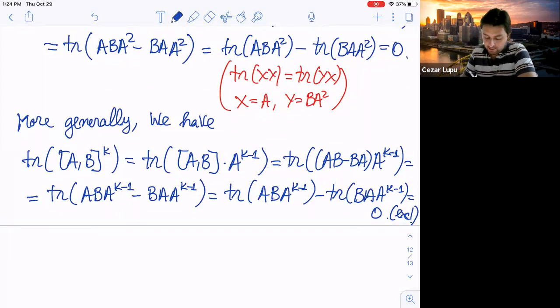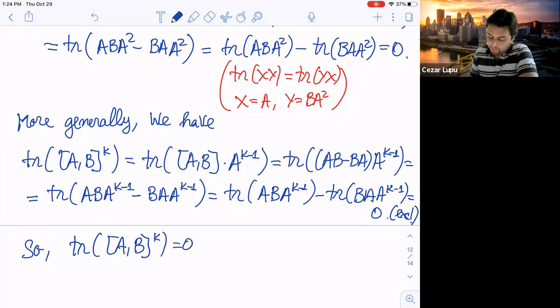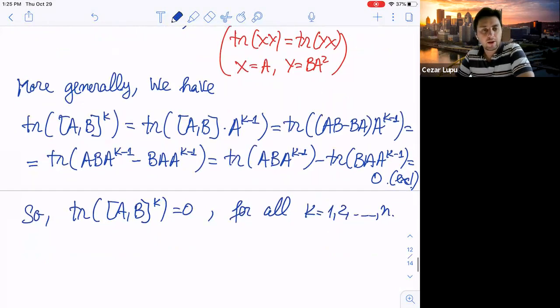So now for all k, the trace of the bracket is 0 for all k from 1 to n, right?